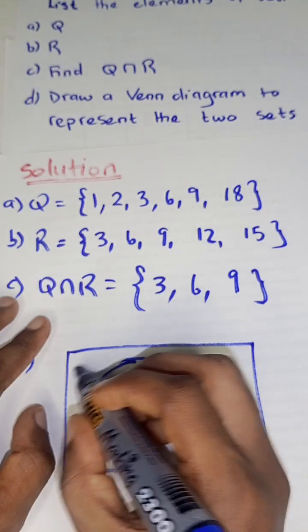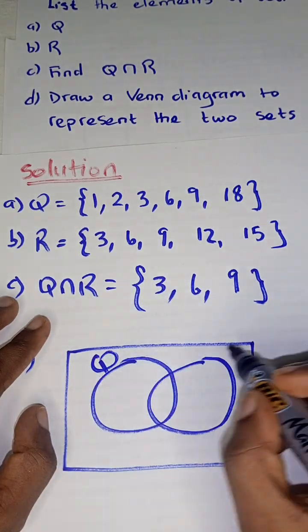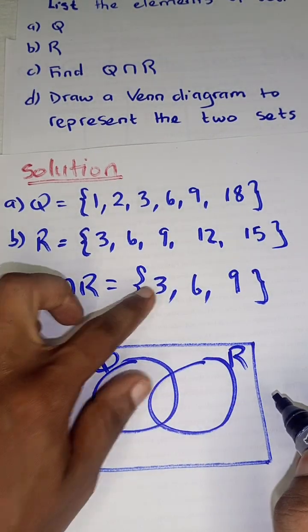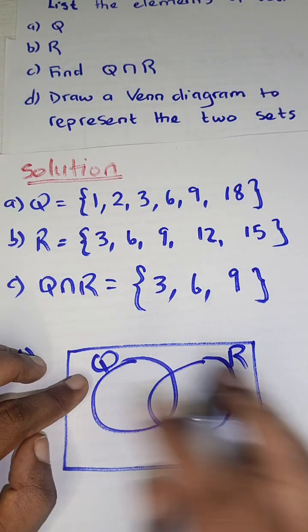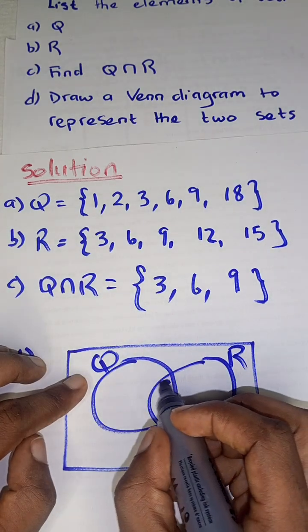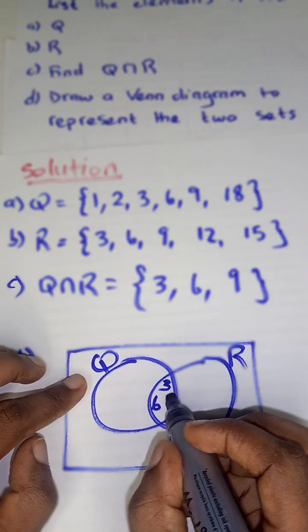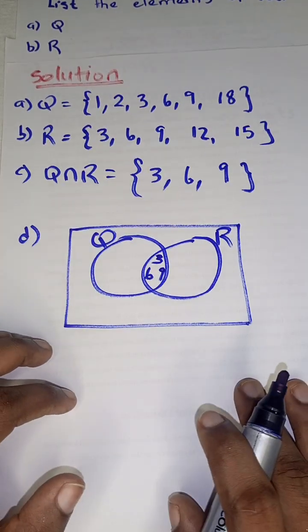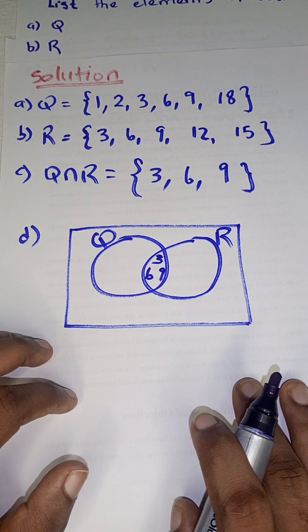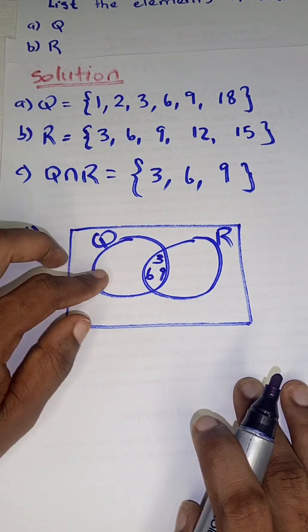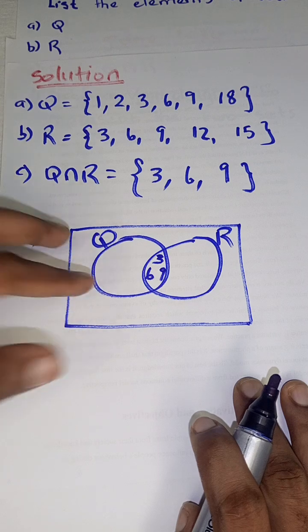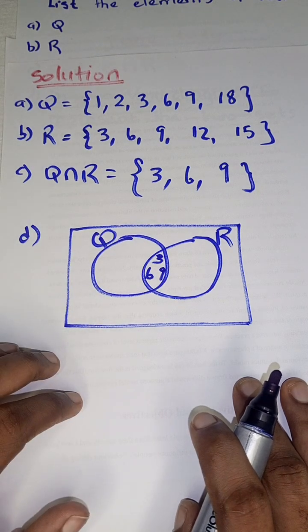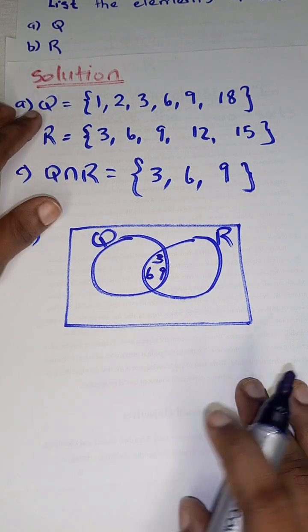So we label the sets. This is Q and this is R. We first fill in the elements that are common to both sets. Those will be 3, 6, 9. So those are the elements in the intersection. Then we can go ahead to fill in the remaining elements in both sets. In set Q, what is left here?